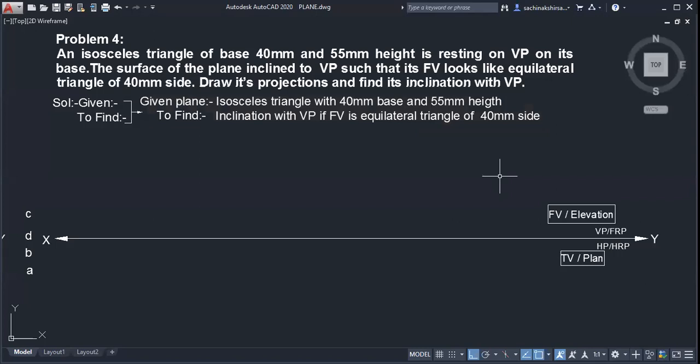Will you solve and tell the inclination with VP? How much time will you take to solve this problem? Ten minutes.